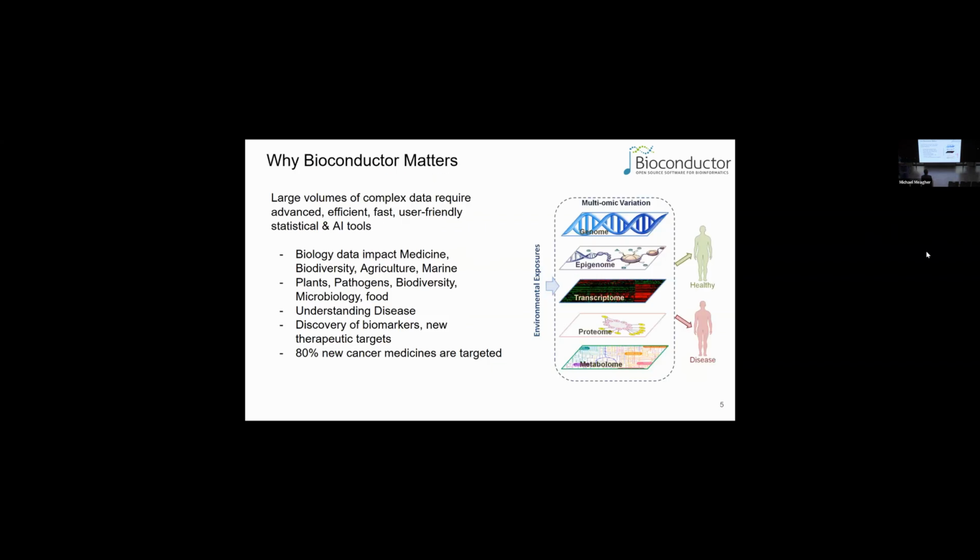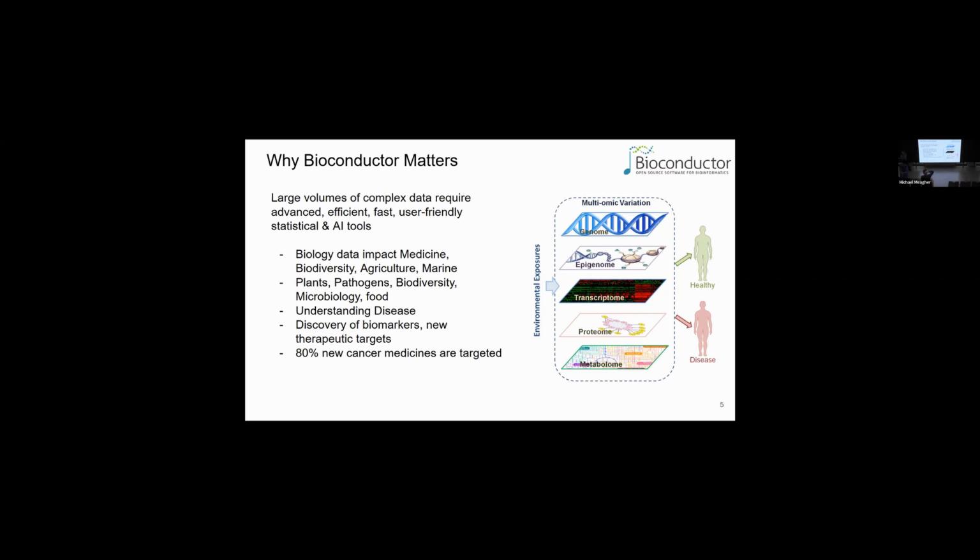So we generate very large volumes of very complex data, and we need fast, friendly tools that are actually accessible to biologists. What we do impacts medicine, our understanding of biodiversity, agriculture, marine plants, pathogens, microbiomes, how you live today, and understanding disease.